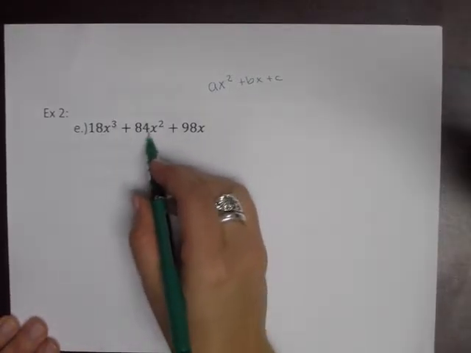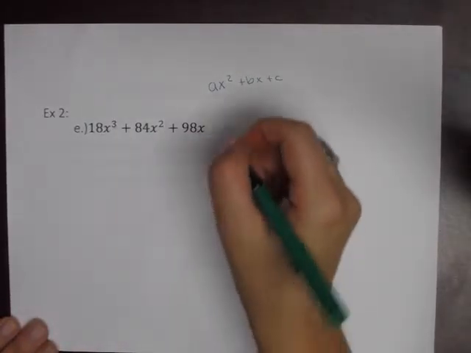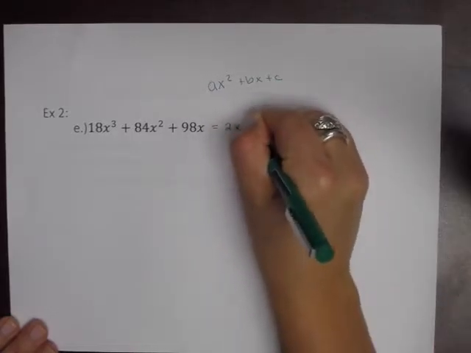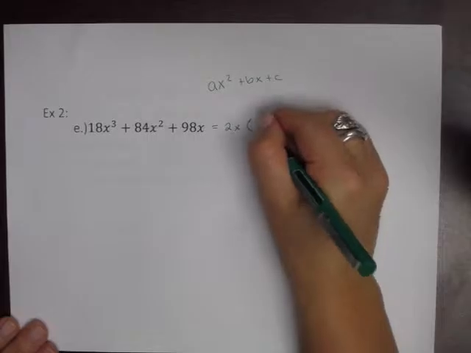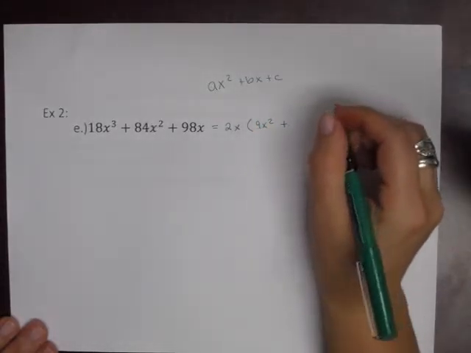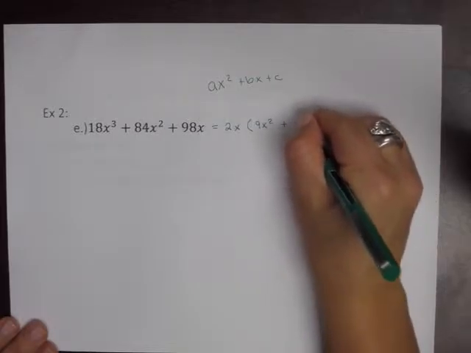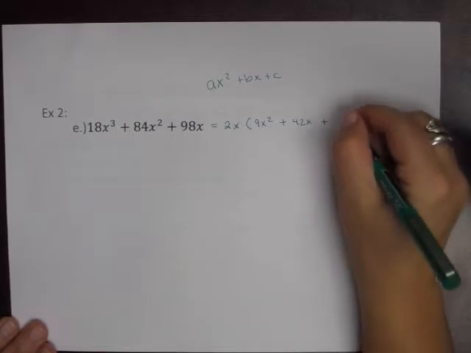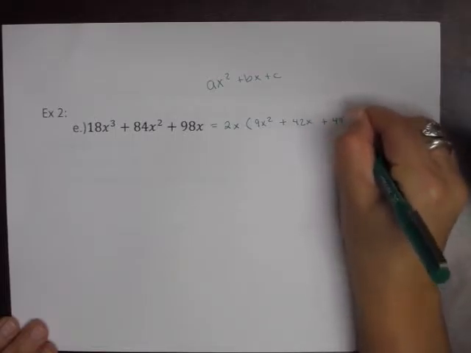Okay, so for 18, 84, and 98, I see that they're all even, so I can pull out a 2, and I've got to pull out an x. So 18 divided by 2 is going to be 9x squared, plus 84 divided by 2 is going to be 42x, plus 98 divided by 2 is going to be 49.